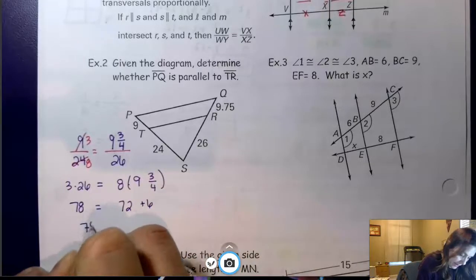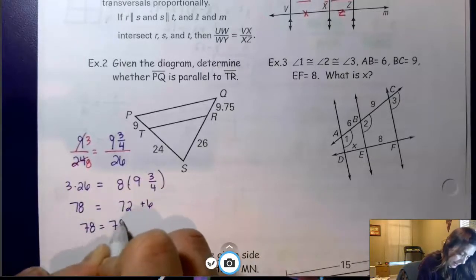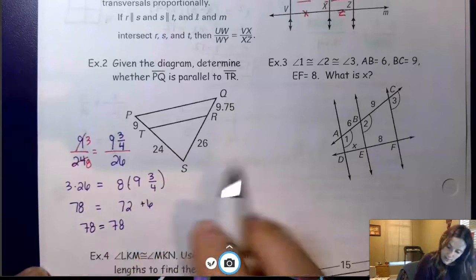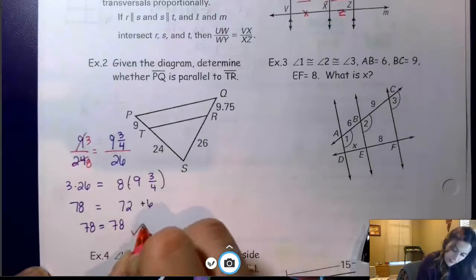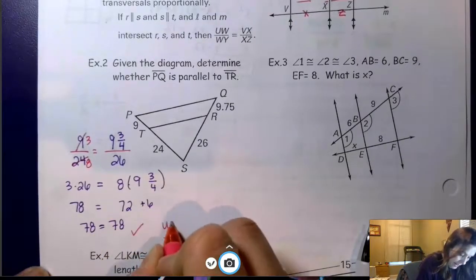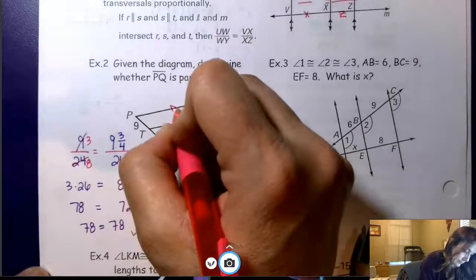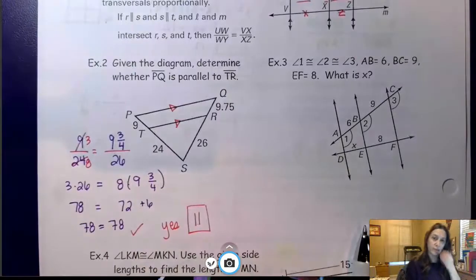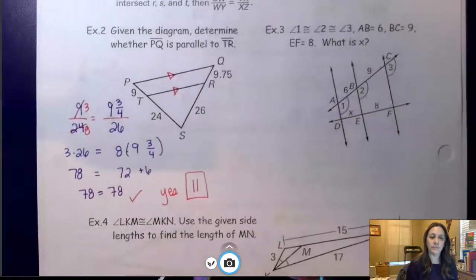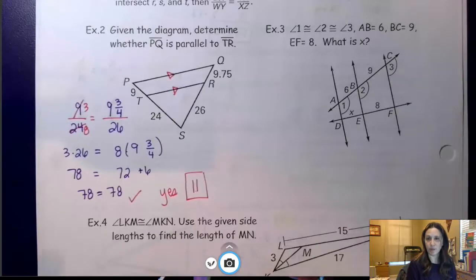So I get 78 equals 78. These are the same, check. So yes, we have parallel lines. So you check your cross products, simplify your ratios if you can, the cross products have to be equal, and you know the lines are parallel.